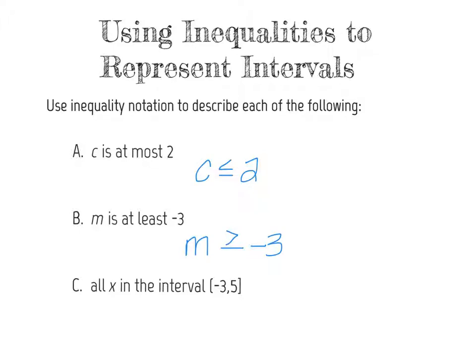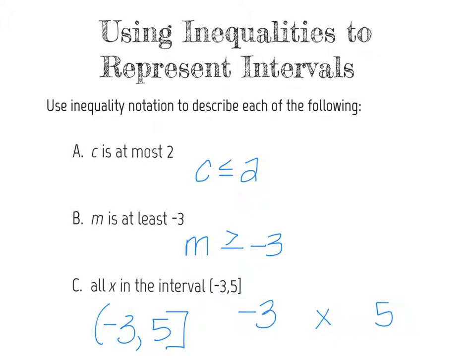Example C, all x in the interval from negative 3 to 5. I know with this font, this is a little bit difficult to see. This is actually parenthesis negative 3, comma 5 with a bracket. So we want to write this using inequality notation. With this, we can simply write our negative 3 and an x and our 5, leaving spaces for the inequality symbols that we need.